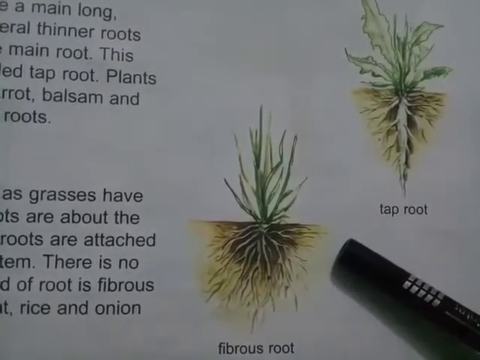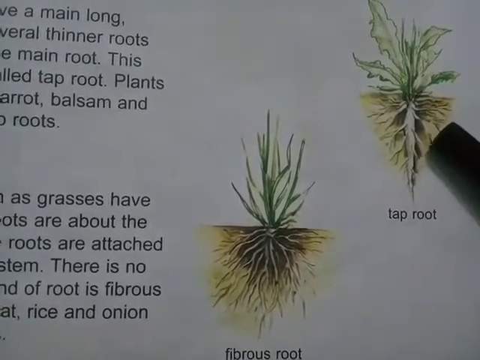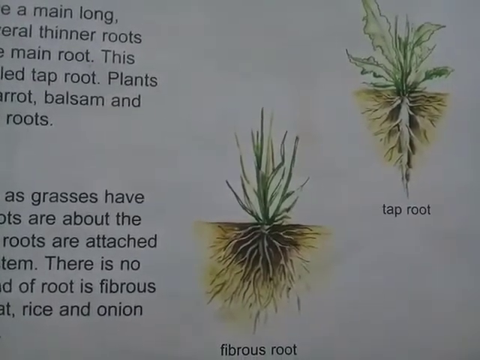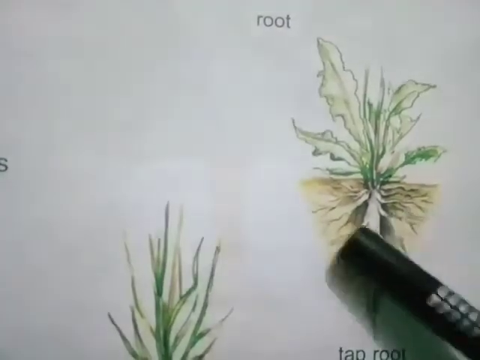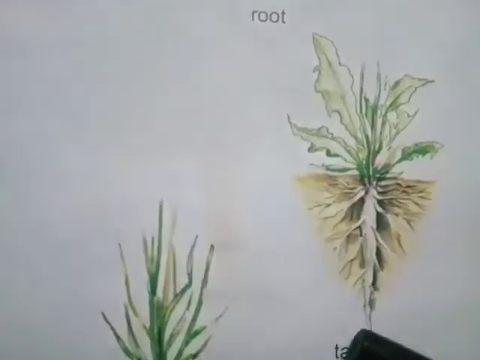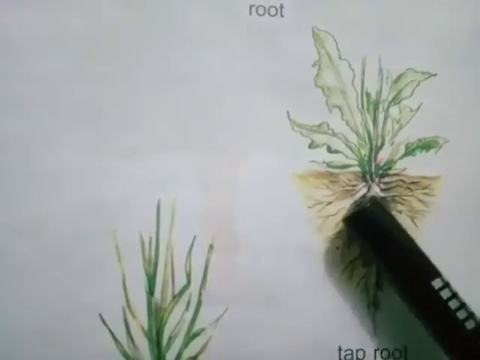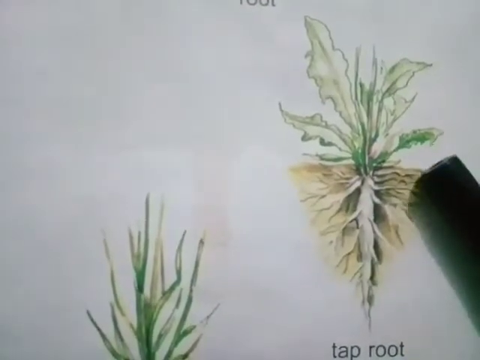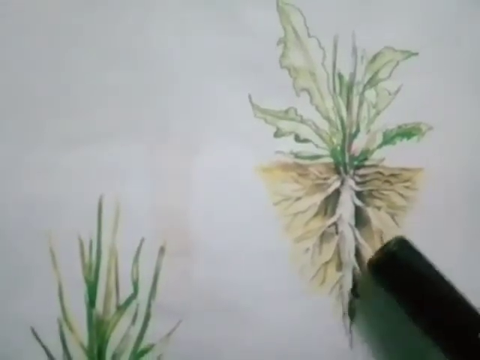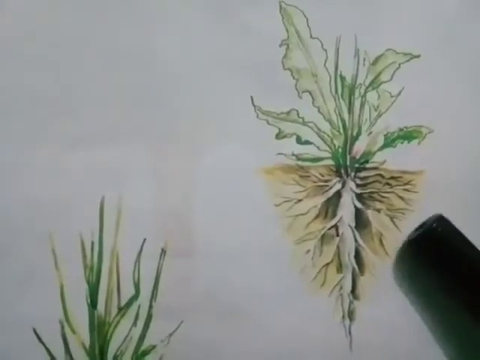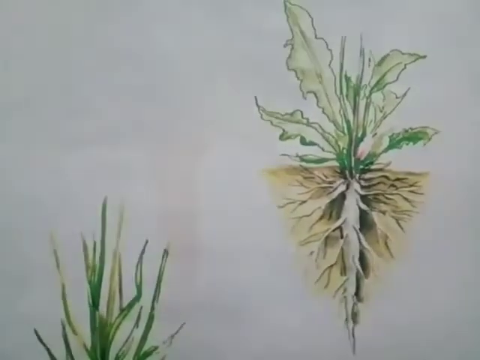Look in the picture. There are two types of root, taproot and fibrous root. Some plants have a main long straight root, and several thinner roots grow out from the main root. You can see in the picture several thinner roots grow from the main root.